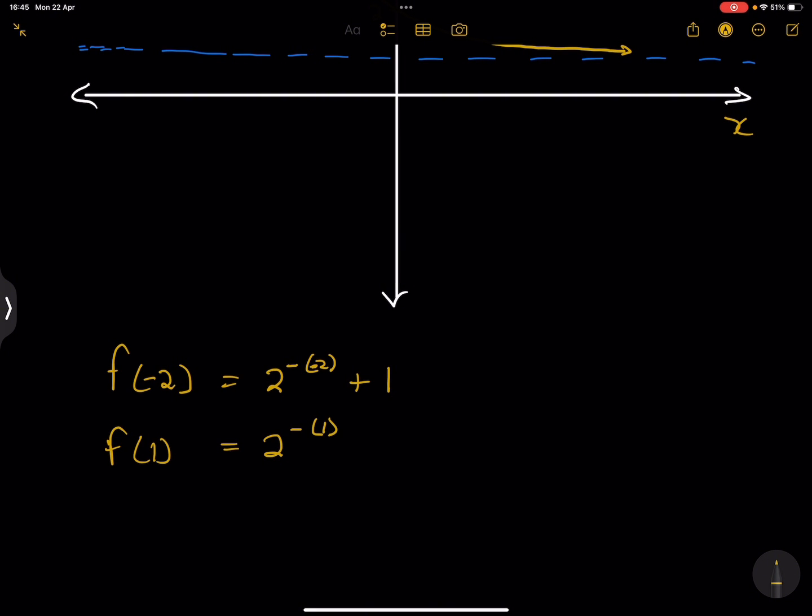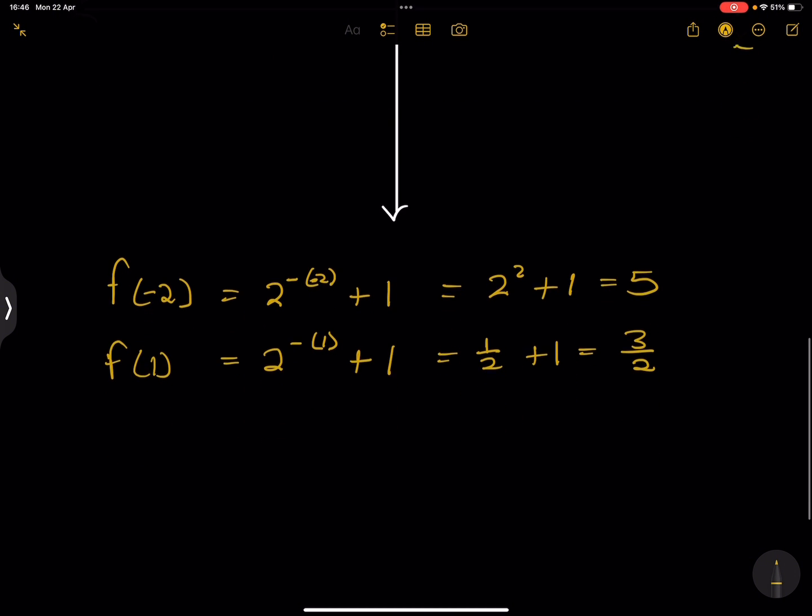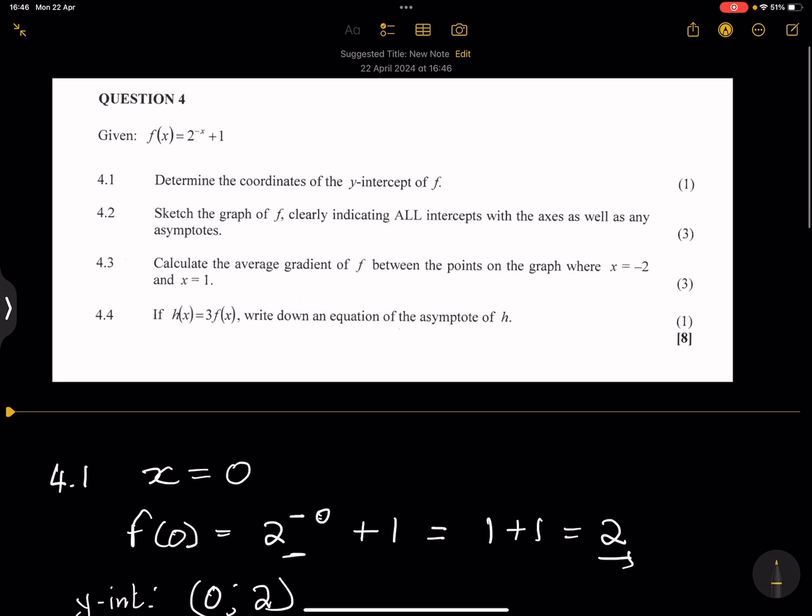And f of 1 is 2 to the minus 1, that's 1 over 2, plus 1, and that gives me 3 over 2. So they wanted the average gradient between those 2 points.